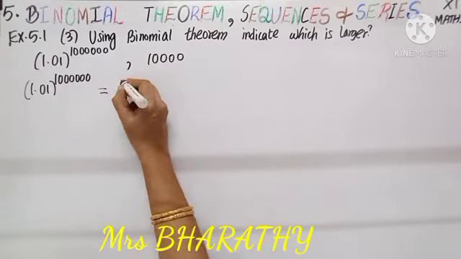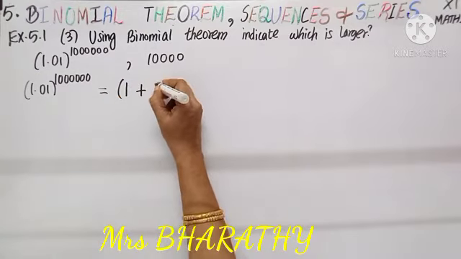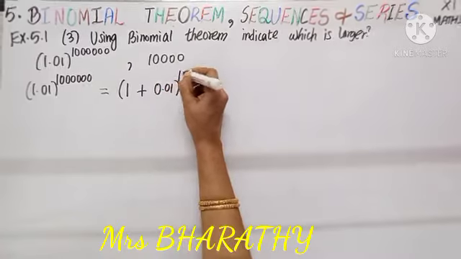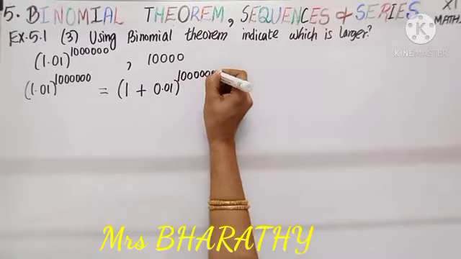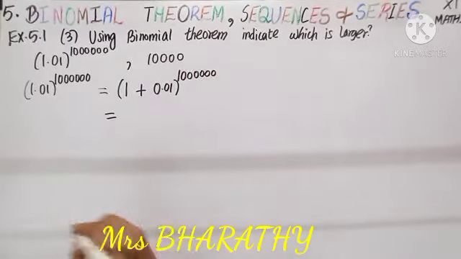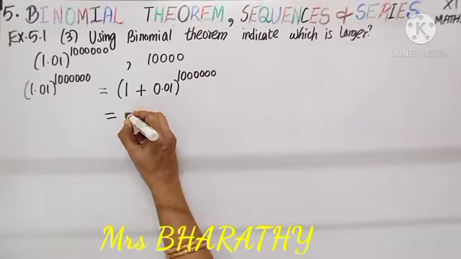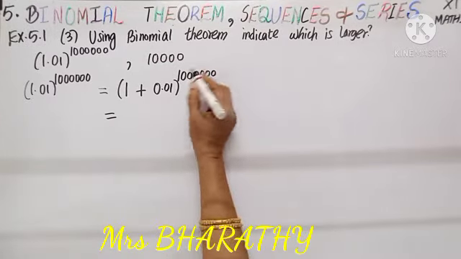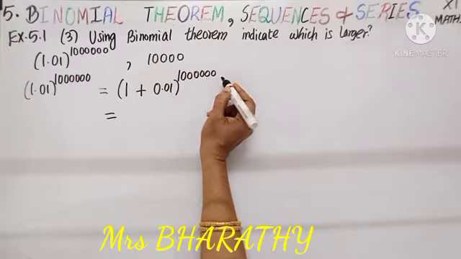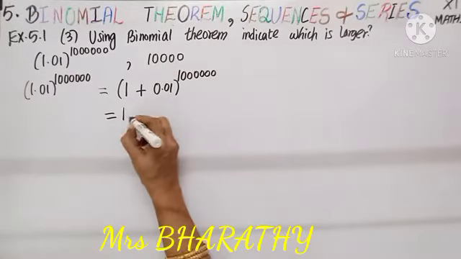That is 1 plus 0.01 whole power 10 lakhs, which can be written as, we know first term NC0 will come, so it is 1 only.